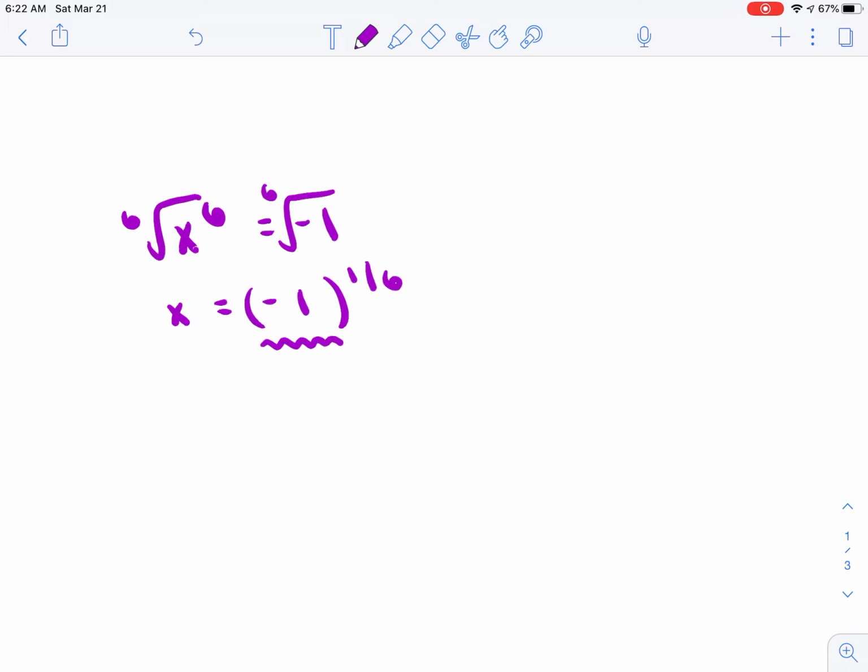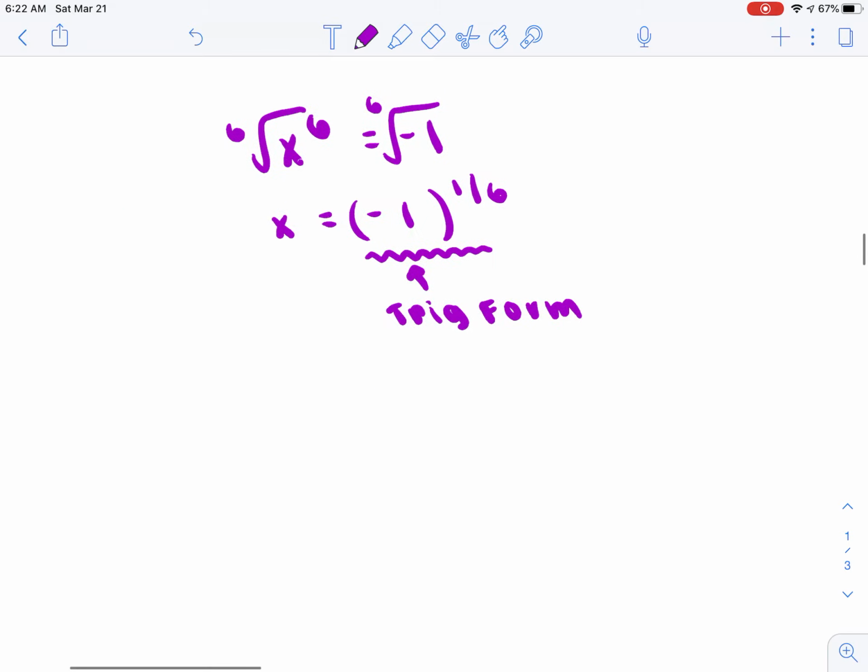The problem here, though, is that this needs to be written in trig form. If we want to use de Moivre, -1 is not in trig form. We need to get this in trig form by thinking about graphing this. If you graph, remember that this is your real axis and this is your imaginary. To graph -1, I would go right here.